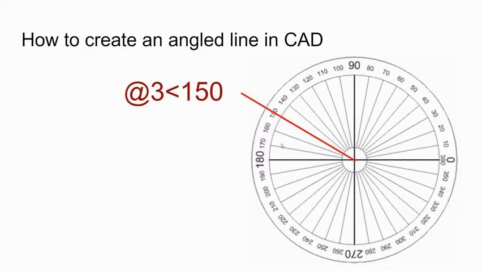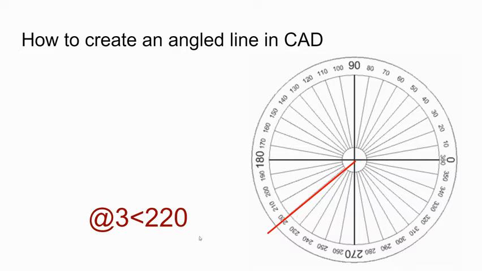If you have a line in the other quadrant, it's the same kind of idea. It's 30 degrees away from 180, but CAD doesn't recognize that. So instead, we think of it again, 360 degrees. This would be 150, even though it's technically 30 degrees from the 180 mark. And you would type that in, @ 3 angle 150.